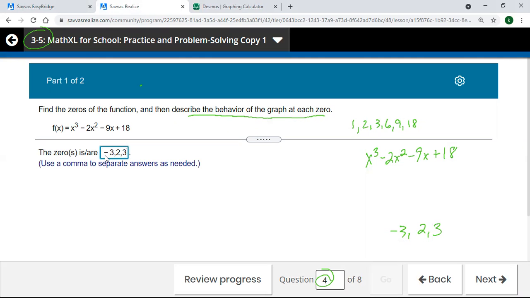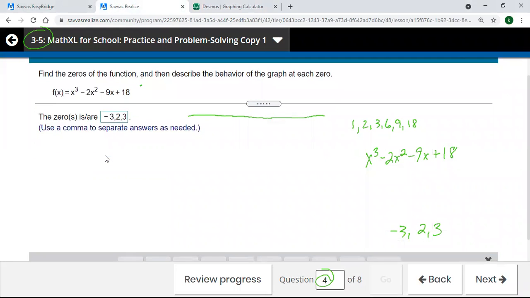2, and 3. We should have as many as the degree of the polynomial. Since we had a polynomial that was degree 3, we should have 3 zeros, unless it bounces off. That counts as a double, like a parabola vertex.